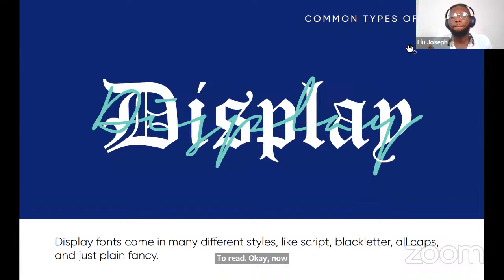Okay. Now, display. We also mentioned how display fonts come in different styles. Like I said, scripts, black letter, monotype, fancy, name it. There are quite a lot of them. They all fall under display. Okay.